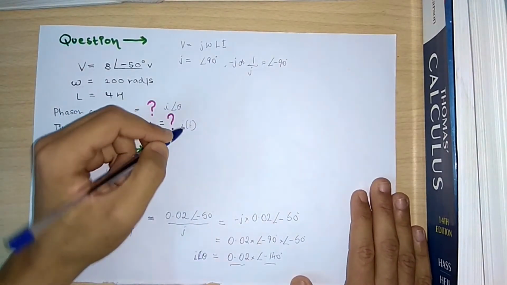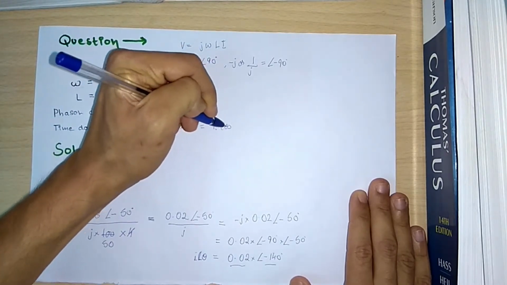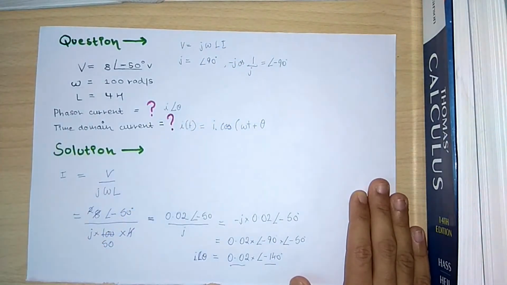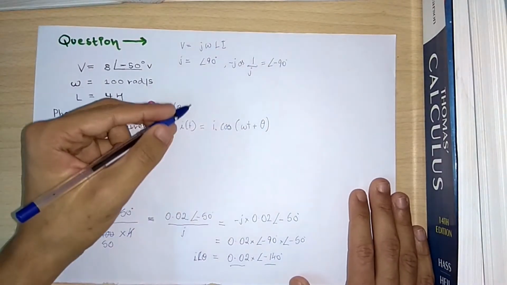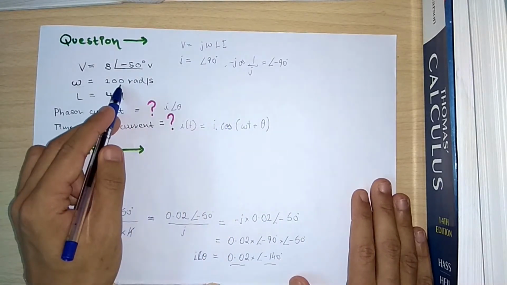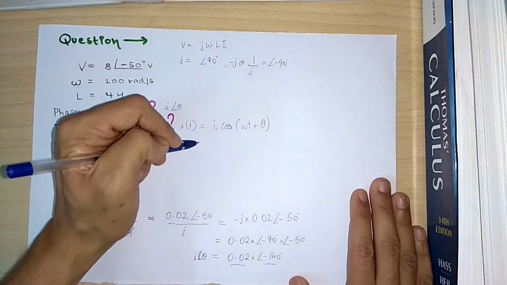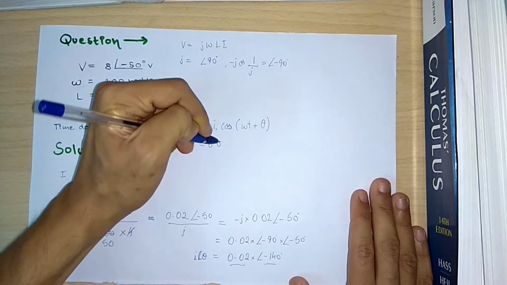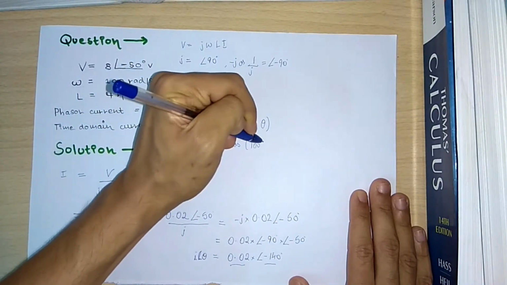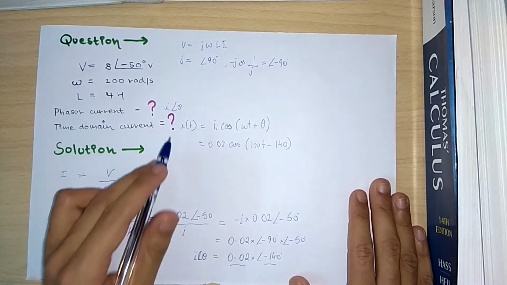Since time domain current can be written as I naught cos(omega t plus theta), and as we know the value of I naught to be 0.02, omega to be 100, and theta to be minus 140, the time domain current can be simply expressed as 0.02 cos(100t minus 140), and this will be the time domain current.